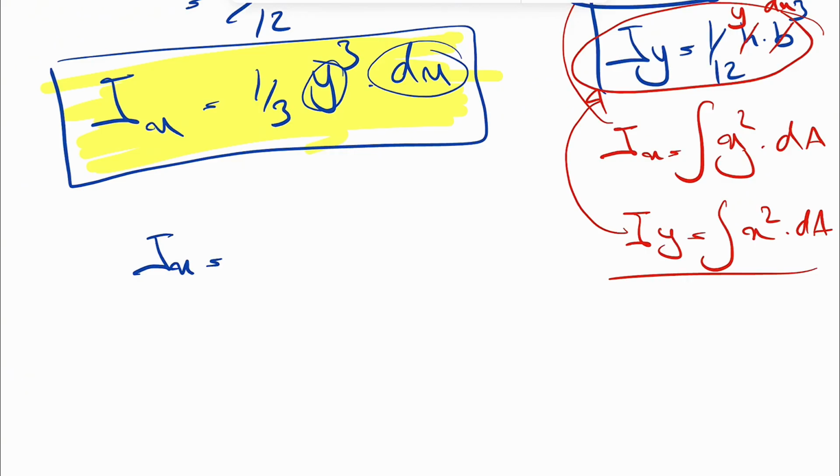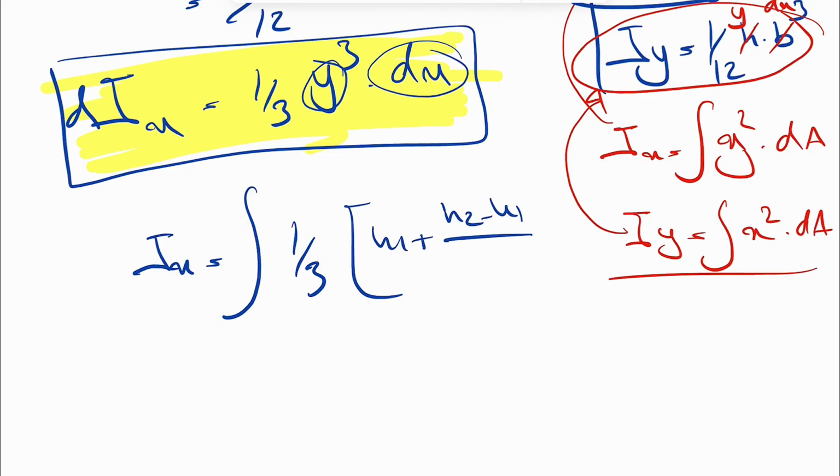If you just plug this into our formula in here, if we want to find Iy in here, we take the integral on each side, it's going to be 1/3 of our y, which was h1 plus (h2 minus h1) over a times x, all to the power of 3 dx.